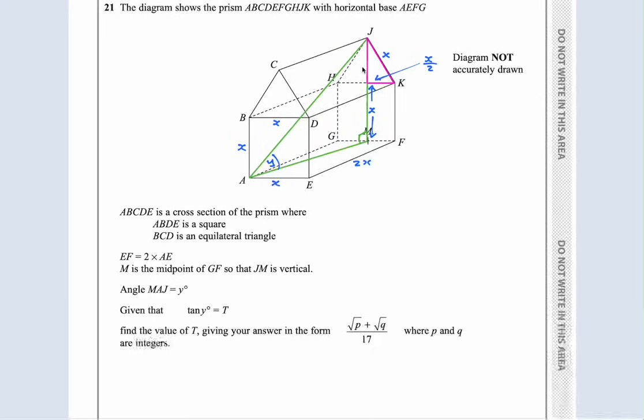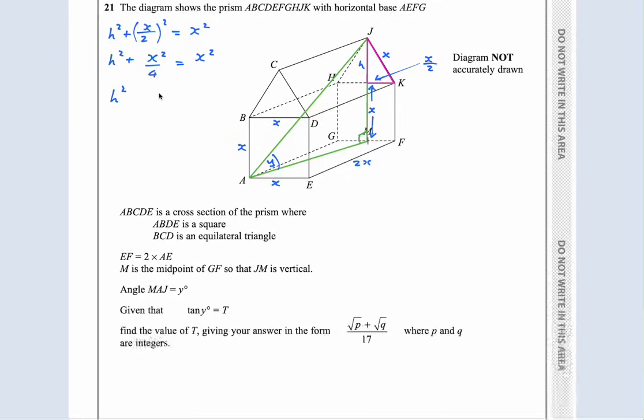And we are trying to find this height, let's call it h. So I can use Pythagoras' theorem: h squared plus x over 2 squared equals x squared, or h squared plus x squared over 4 equals x squared.